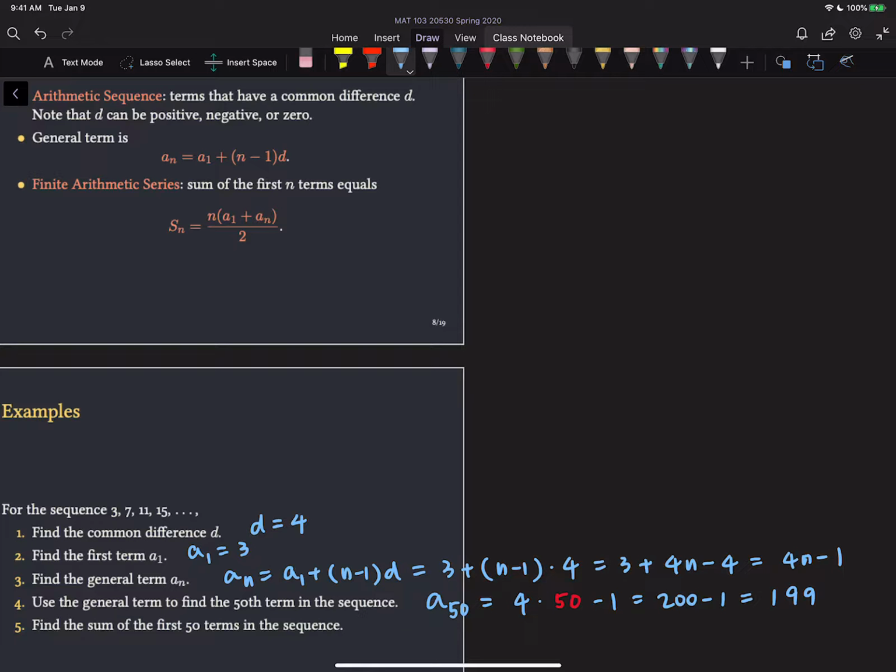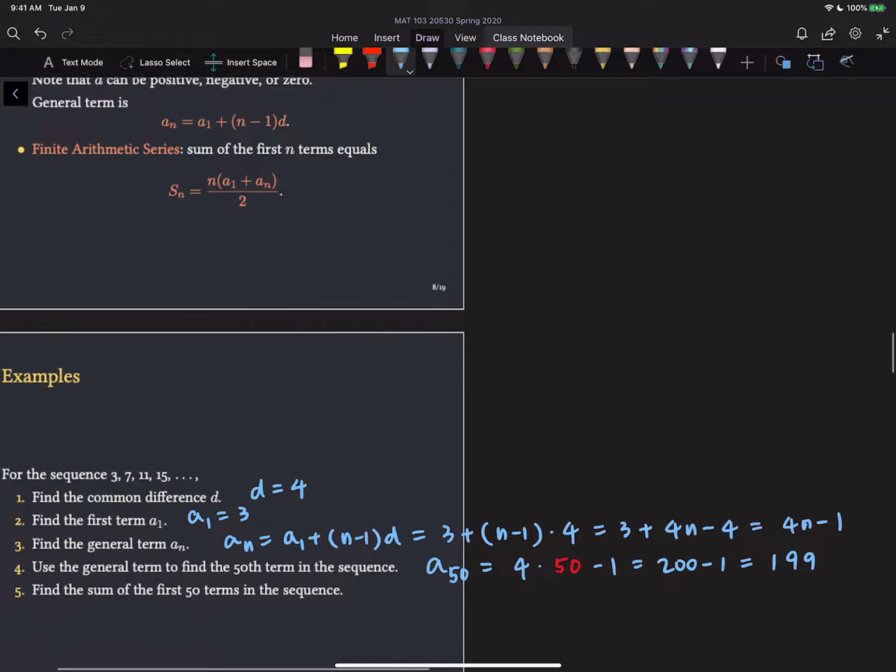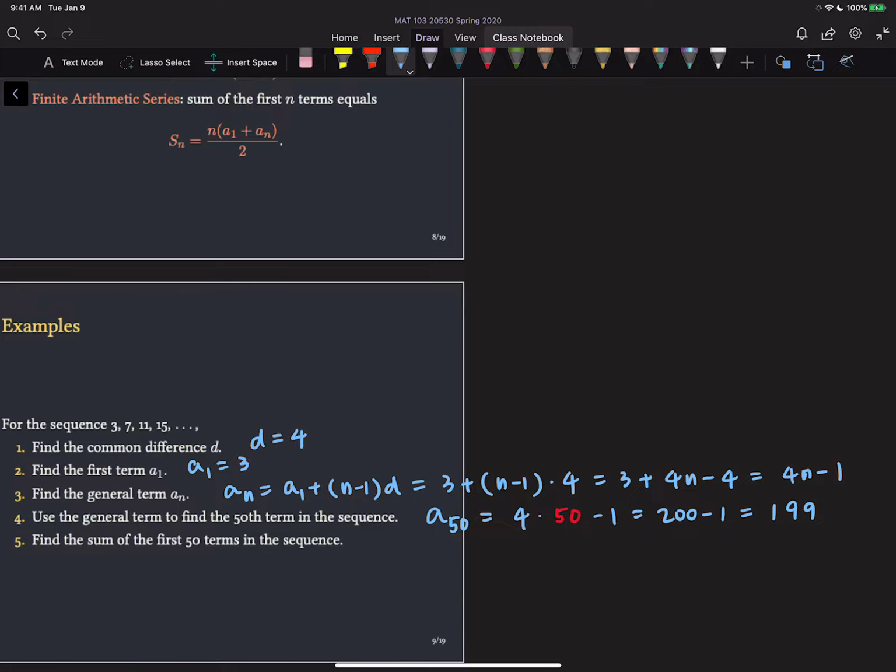Finally, find the sum of the first 50 terms in the sequence. This one you have to use the formula above for the finite arithmetic series. We are calculating S sub 50. According to the formula, it's n times a1 plus an, over 2. Our n is 50 because we're adding 50 terms. And then our a1 is 3 plus an, which is a50.